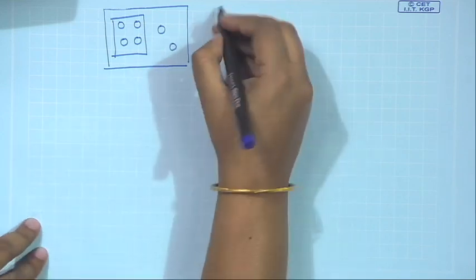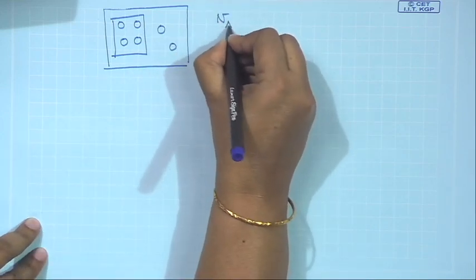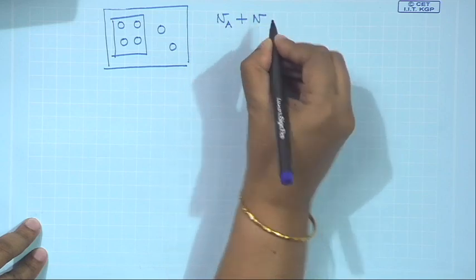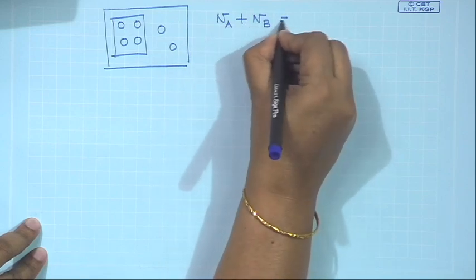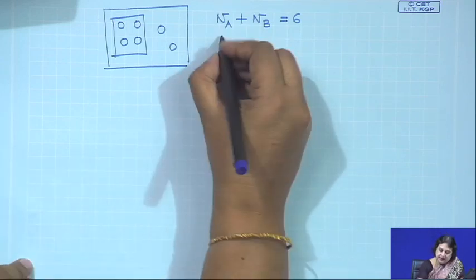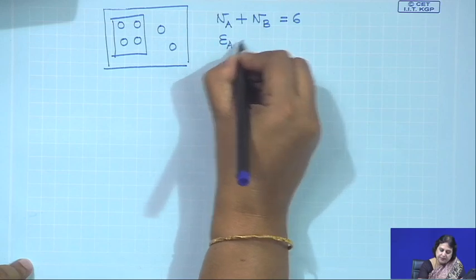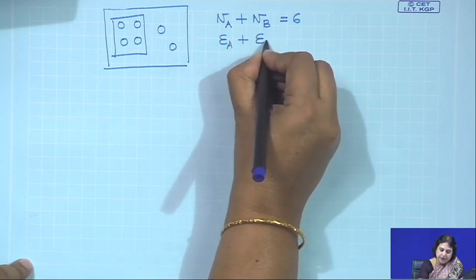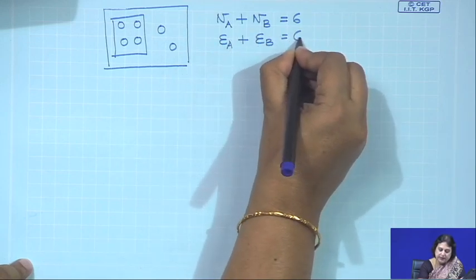This obviously satisfies the relation that N A plus N B is equal to 6 as required. I must also satisfy the condition that epsilon A plus epsilon B is equal to 6.